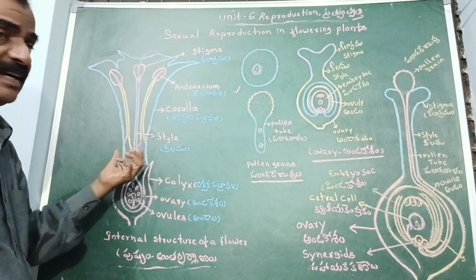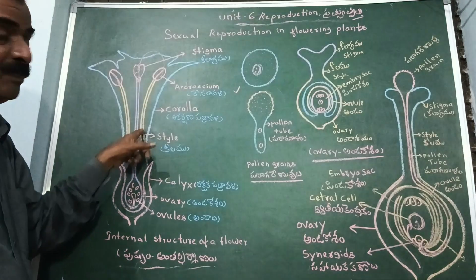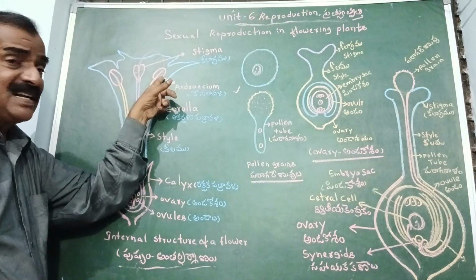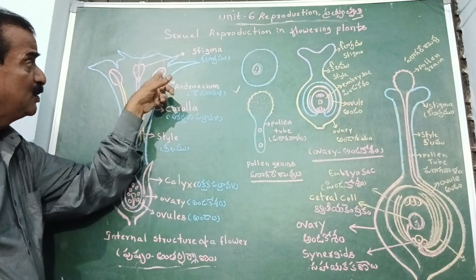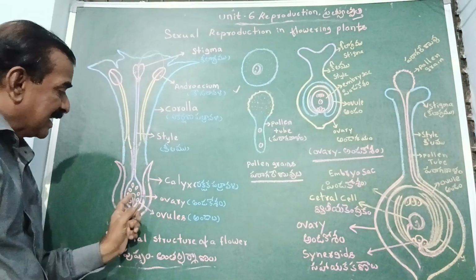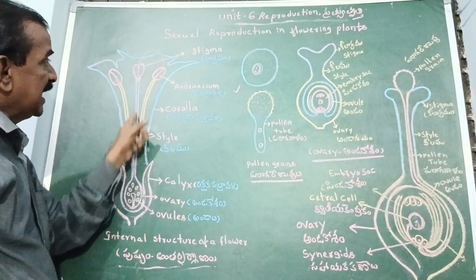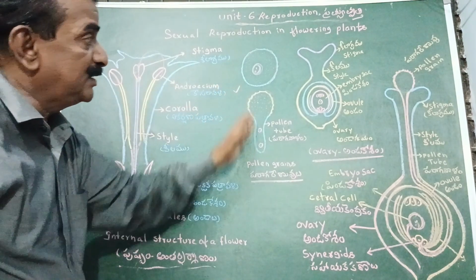The remaining parts are reproductive parts. The stamens are the male reproductive part, and a stamen consists of filament and anther lobes. Anther lobes produce pollen grains. The third part, the gynoecium or pistil, the female reproductive part, consists of ovary, style, and stigma.